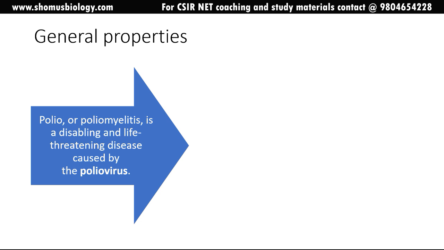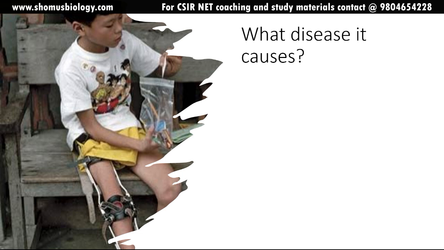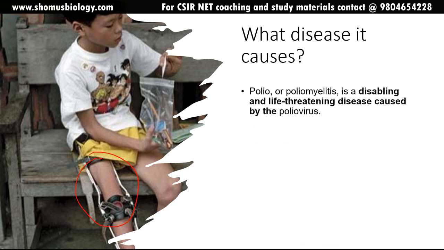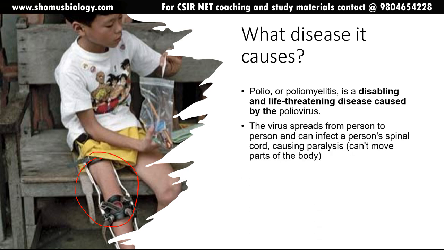Polio, or poliomyelitis, is a disabling and life-threatening disease caused by poliovirus. This is the very first thing you need to know. The virus spreads from person to person. This disease causes illness in the muscle, okay? As I said, it can move from person to person and infect a person's spinal cord, causing paralysis.